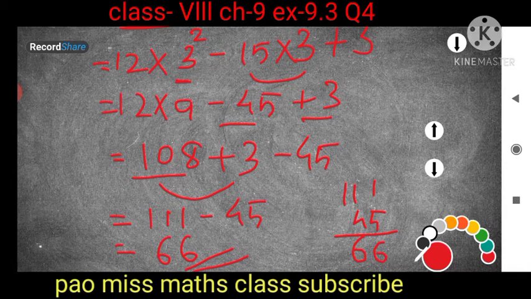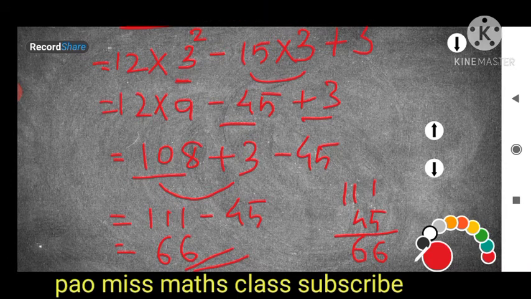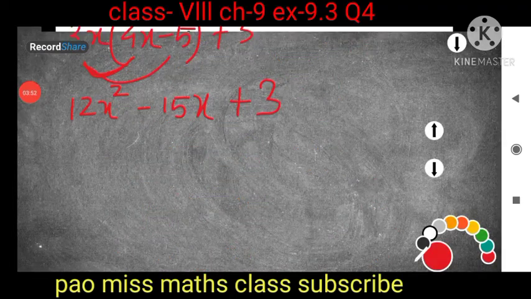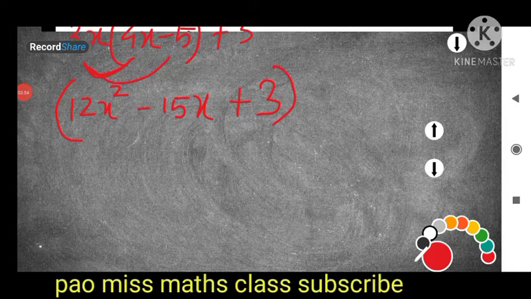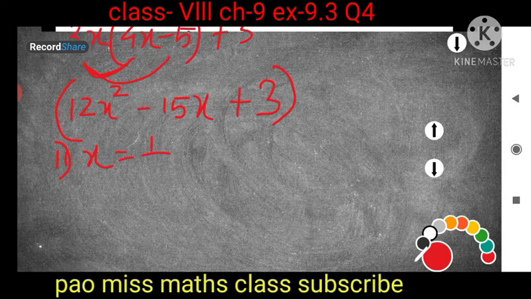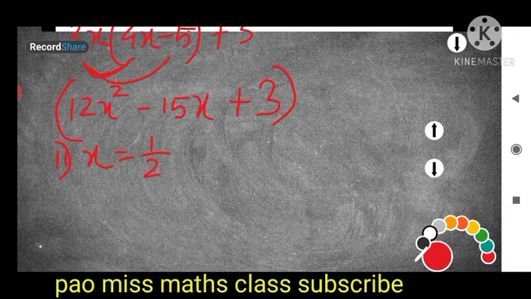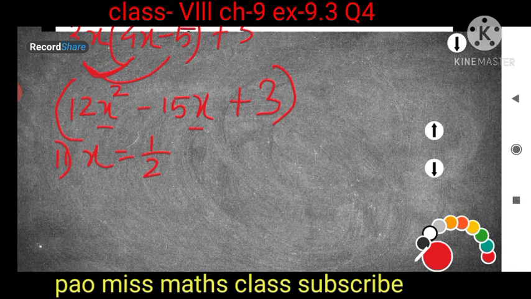Now in the second question, x equal to how much is given? x equal to 1 upon 2 is given. Now this is our simplification, this is our answer. So in the second question, x equal to 1 upon 2. Now instead of this x we are going to put 1 upon 2.